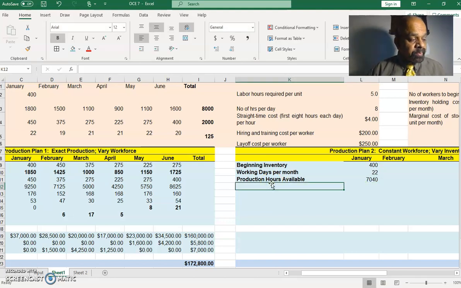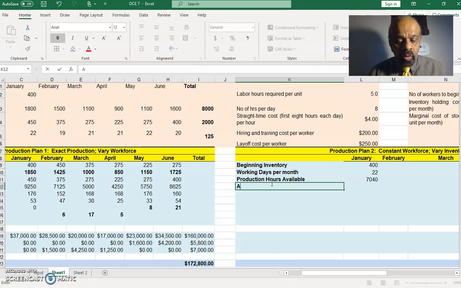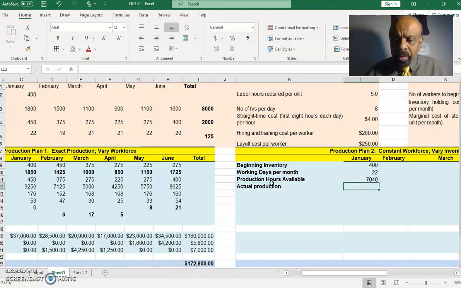Now, from the hours available, I can do the actual production requirement. The actual production is how much? I have 7,040 hours, but for each unit, I need 5 hours.